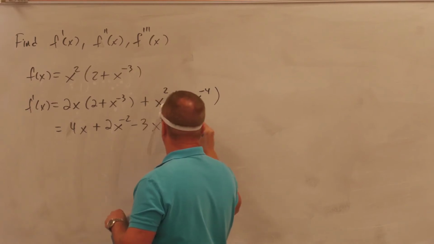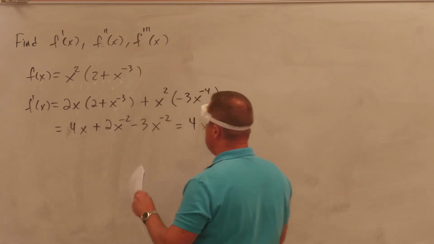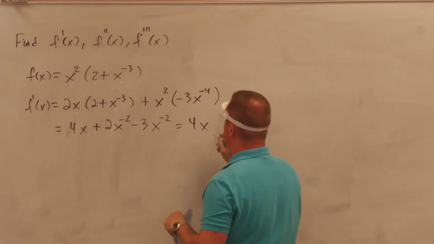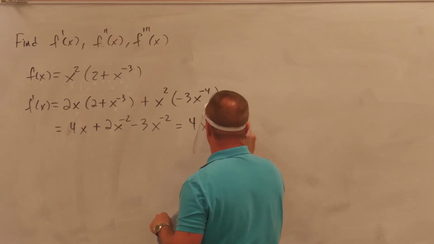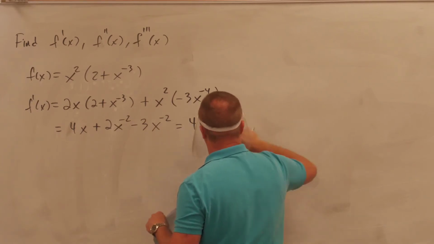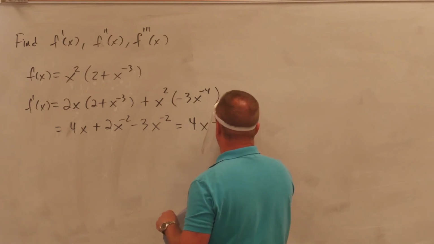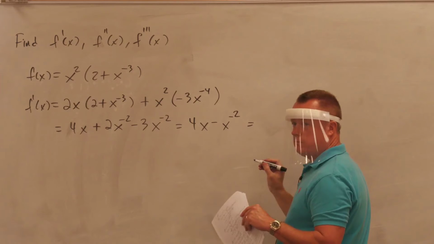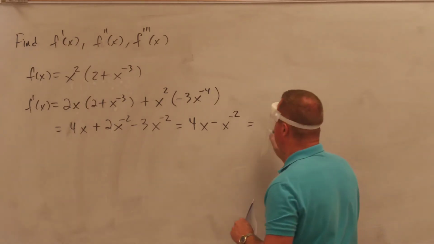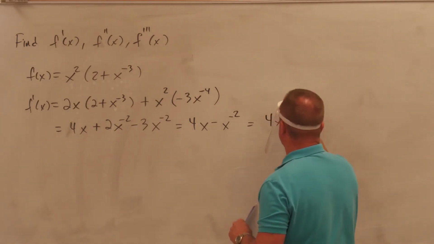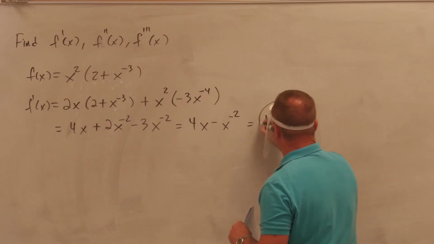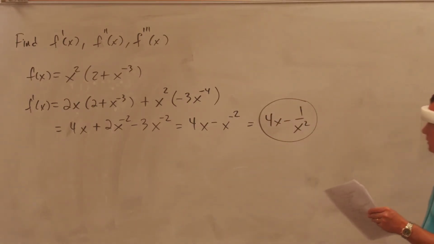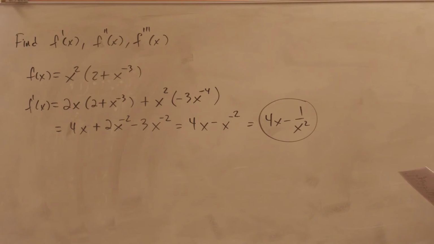So this would be 4x, and 2 minus 3 would be a minus 1. So I could say minus 1 over x. Let's say minus x to the negative 2. And then for my official first derivative answer without the negative exponent, let's say 4x minus 1 over x squared. Okay? So that would be my first derivative.